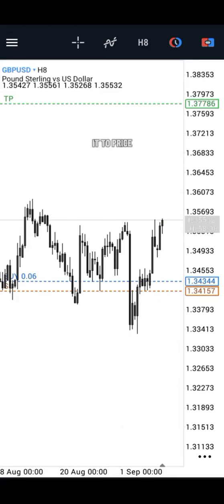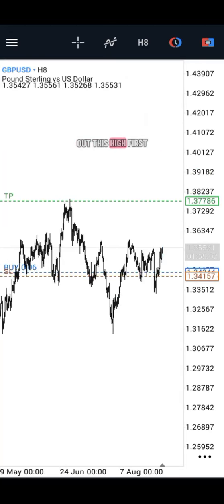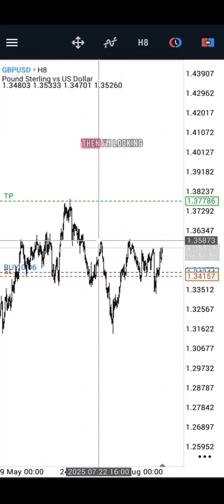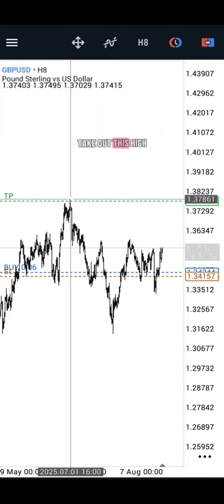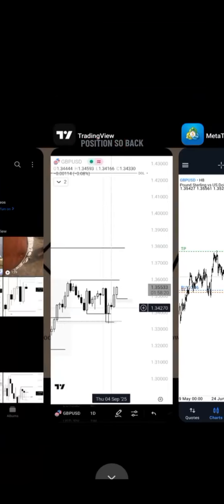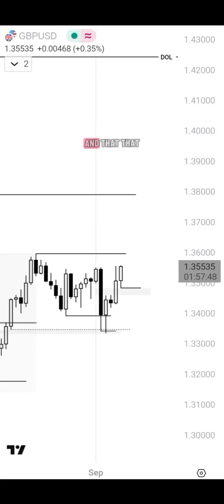I'm still holding it till price takes out this high first, then I'm looking to hold the price taking out this high. So that's my position. So back to the analysis, and that's that for this trade focus.